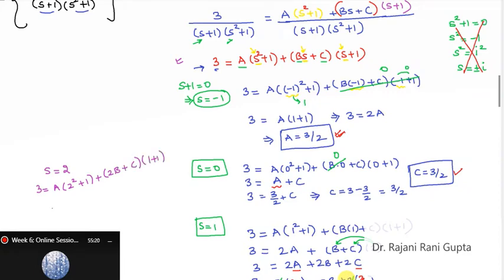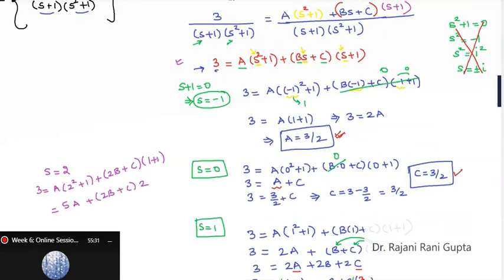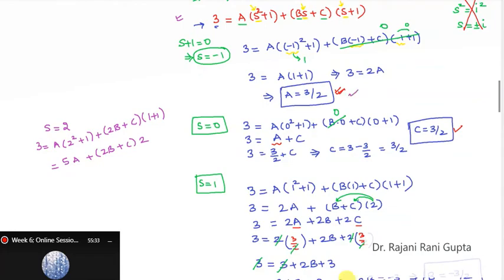So when I simplify it, it will give you 2 times 2, 4 plus 1, 5a plus 2b plus c times 2. Right? I have the value of a from here. This gives me 5 into 3 by 2. This 2 multiplied inside, 4b plus 2c is equal to 3.